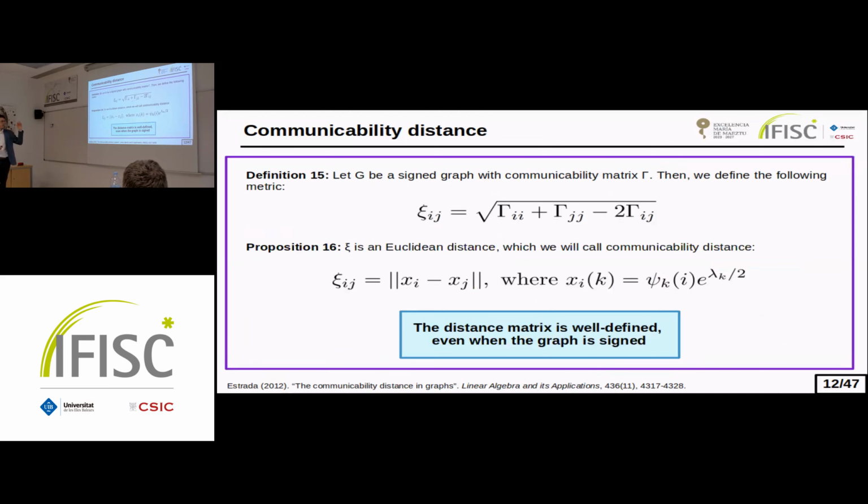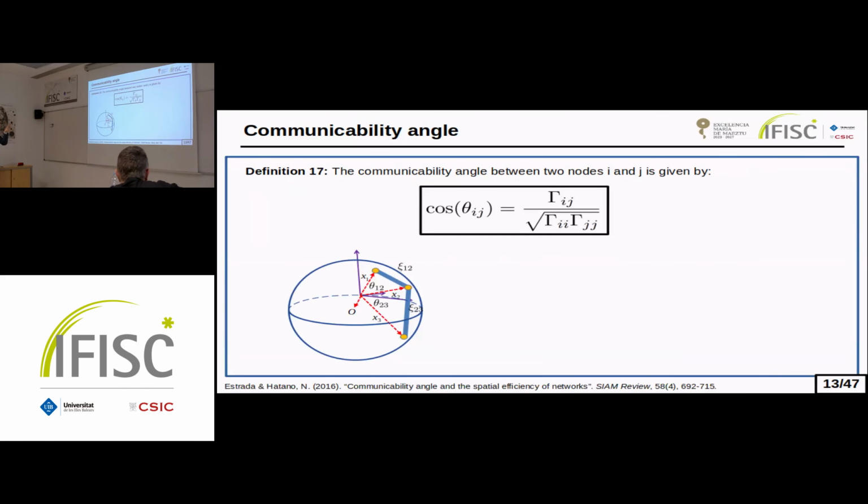And we proved that this is a distance, it fulfills all the axioms of a distance, and moreover, it is Euclidean. And this works whether the network is signed or unsigned, because the key property is that we need the matrix to be positive definite, and the communicability, as opposed to other matrices, is always positive definite for the factorial penalization. Moreover, I said that it is Euclidean.